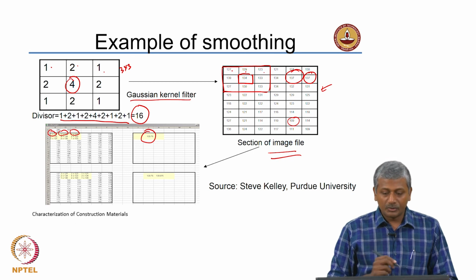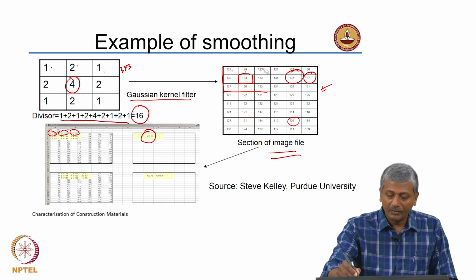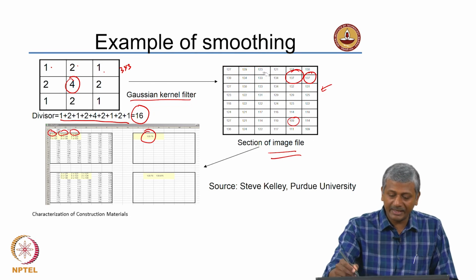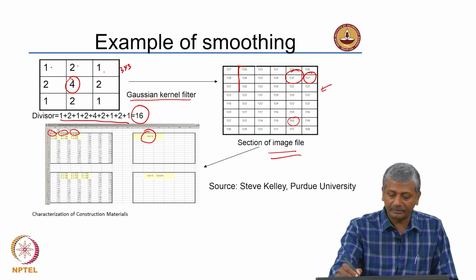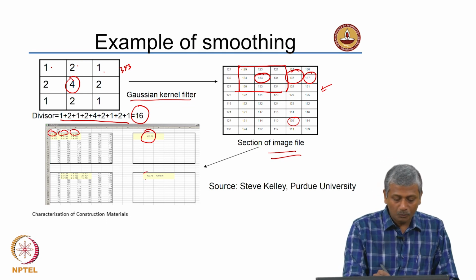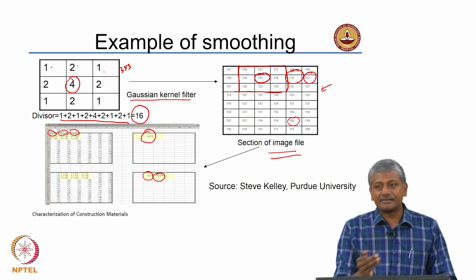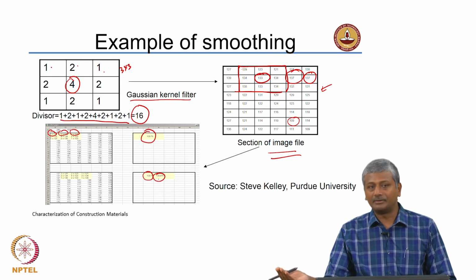So, in the next step this kernel will move over to the next matrix, and give another value to the central pixel there. If you do the same, you end up with 130.75 in this central pixel and 130.875 in the next central pixel.